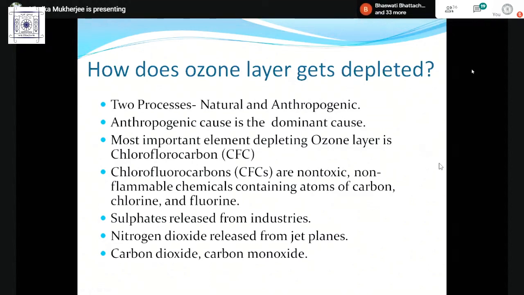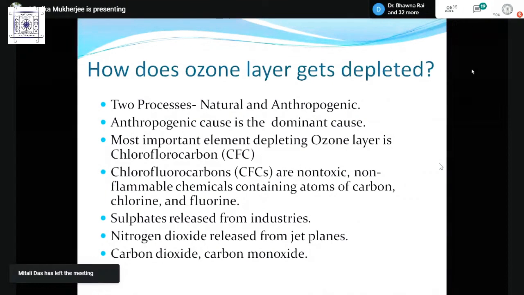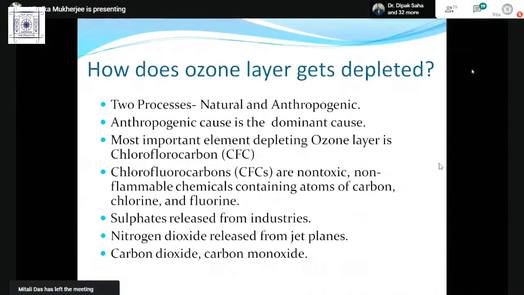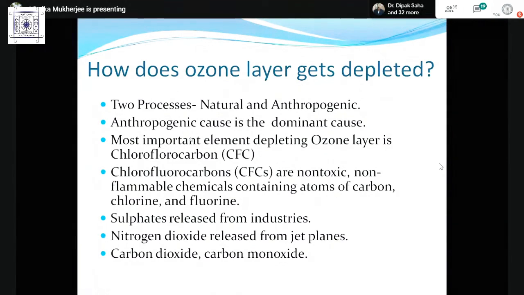The first process, the natural process, takes place because of volcanic eruptions, due to which some gases like carbon monoxide and nitrogen dioxide are released into the atmosphere and might go up to the ozone layer and help in the depletion of the ozone layer.